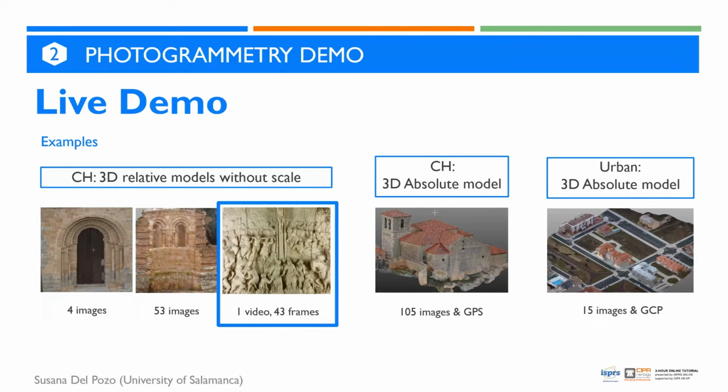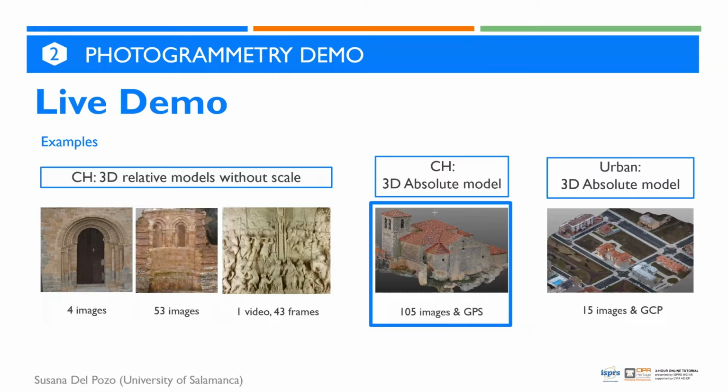Then a cultural heritage sample that is an entire church acquired with a drone, where we can obtain the absolute 3D model of this church, since we have the camera GPS data. In this case, 105 images are processed.